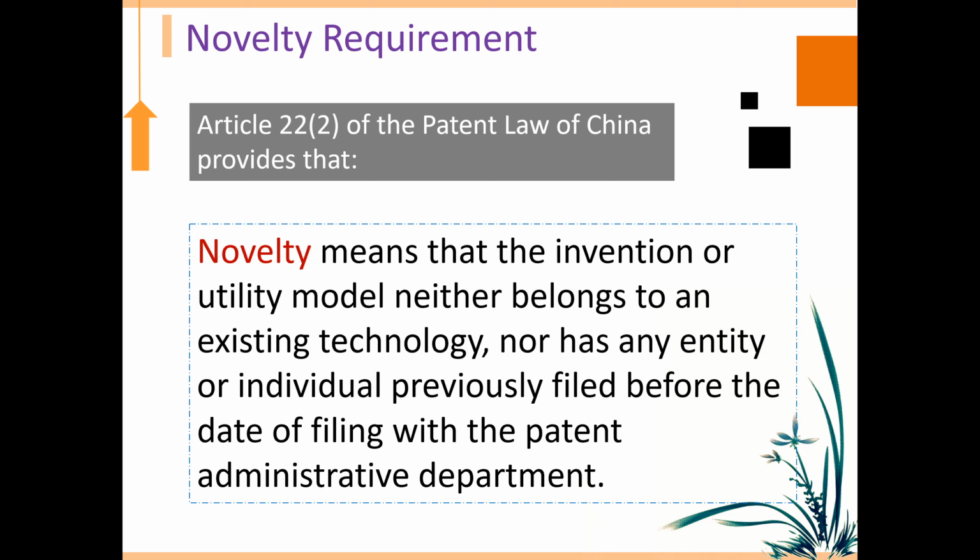So before the date of filing, any knowledge available to mankind will be considered as part of the prior art, and any knowledge or technology filed before by someone else with a patent office would also be excluded.